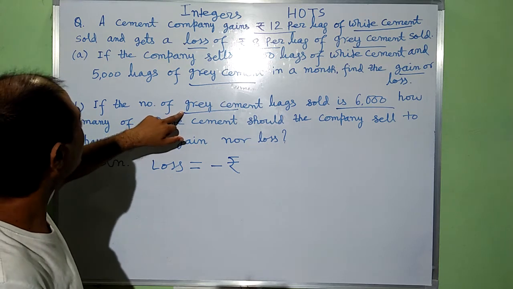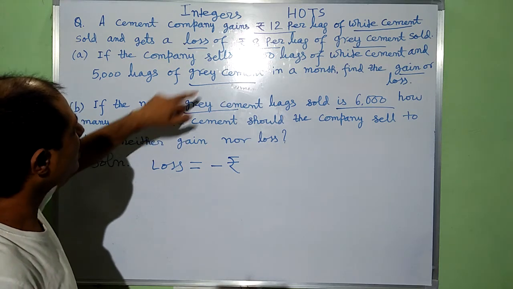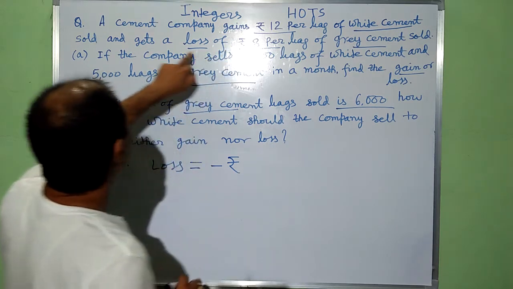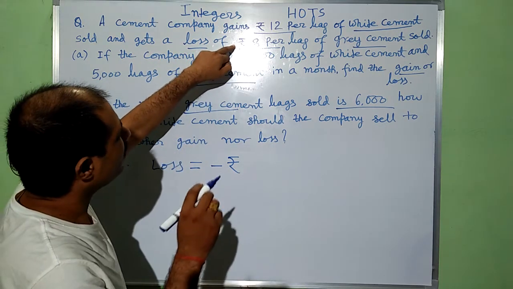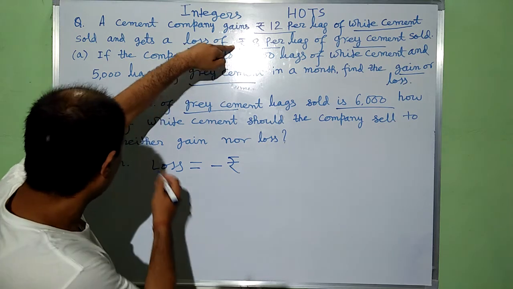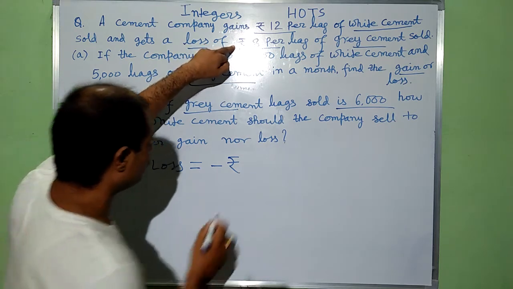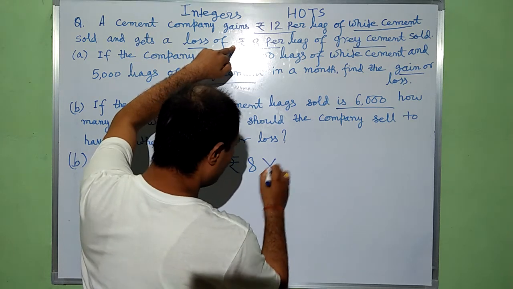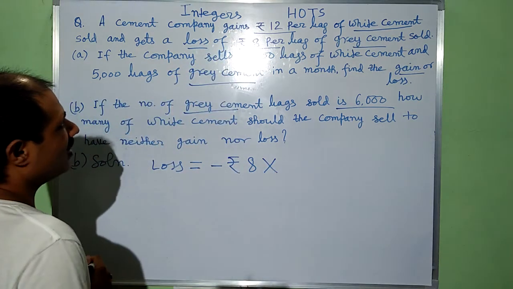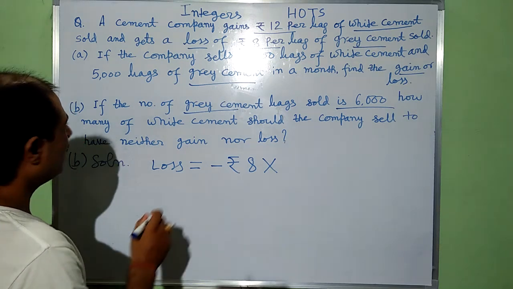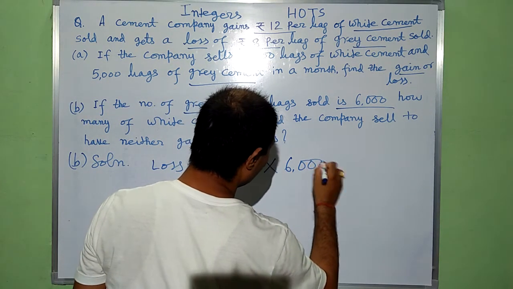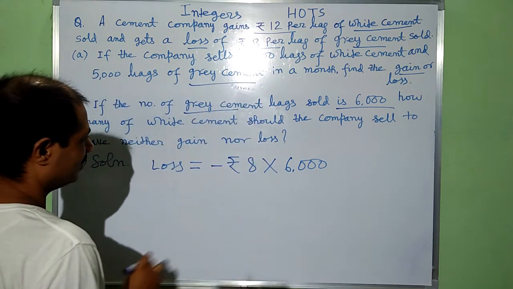A loss of rupees 8 per grey cement bag, and the grey cement bags are already sold. Rupees 8 on one grey cement bag, and here are a total of 6,000 grey cement bags sold.